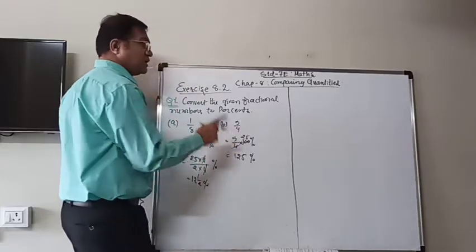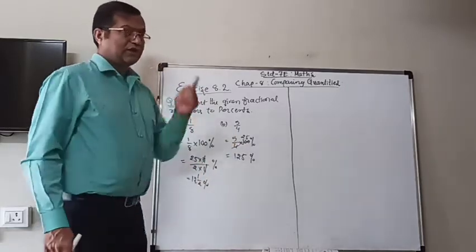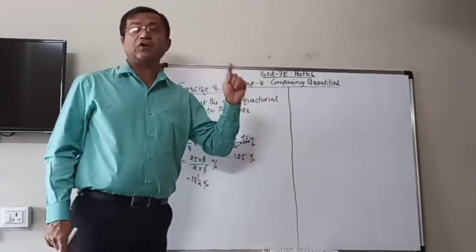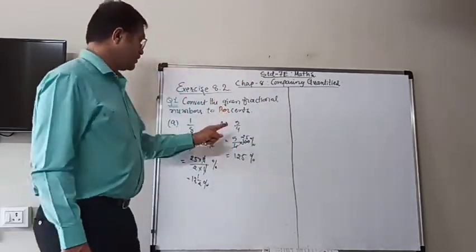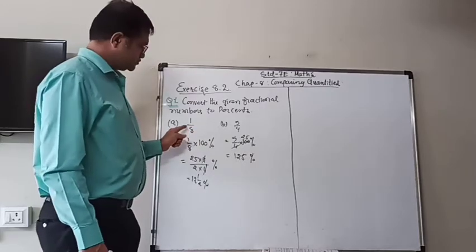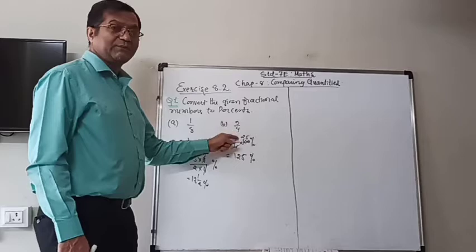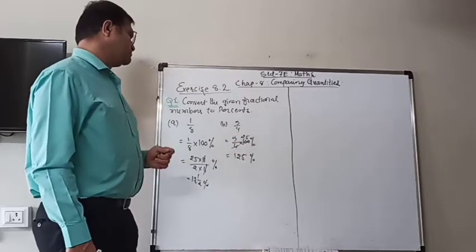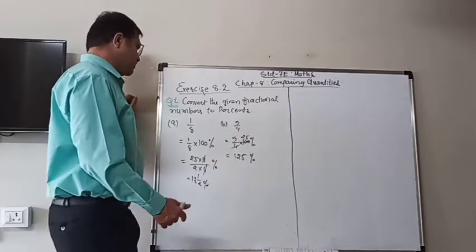Because we know that when it is an improper fraction, the percent related to it is always more than 100%. Here it was a proper fraction, so it is less than 100. But when it is an improper fraction, the percentage will be more than 100.